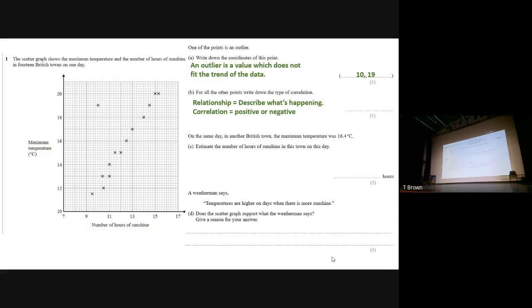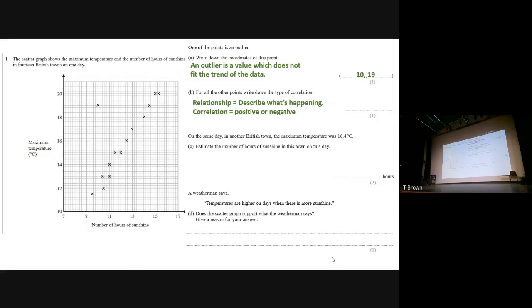The other thing they might ask you on a scatter graph is for the relationship. Now, we all know that relationships are a little bit more complicated, so we need to say a little bit more. A relationship would require you to say something like, the more hours of sunshine, the warmer it is on that day. So you're actually describing what's happening with the 2 axes.